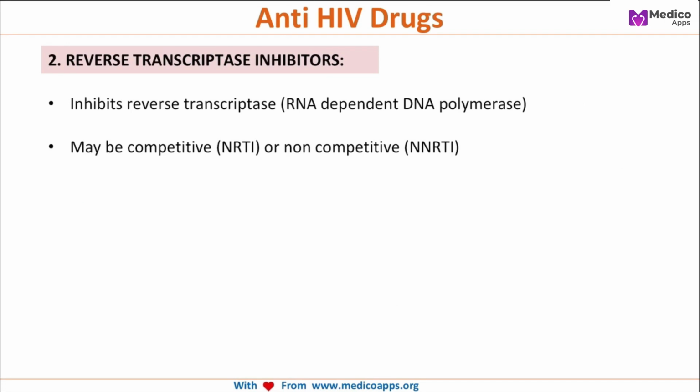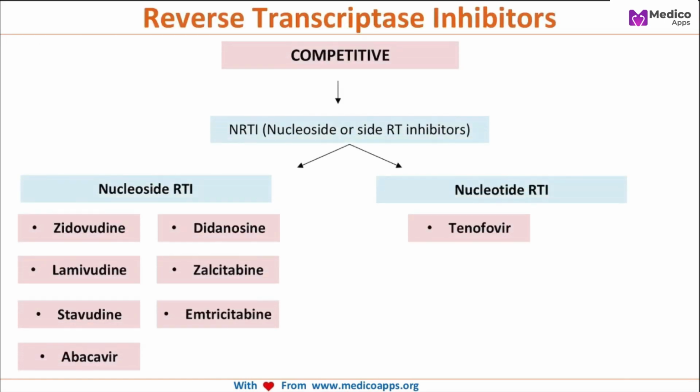So what are the reverse transcriptase inhibitors? These inhibit the reverse transcriptase enzyme, that is nothing but RNA dependent DNA polymerase. They may be competitive or non-competitive inhibitors. The competitive inhibitors include nucleoside reverse transcriptase inhibitors.